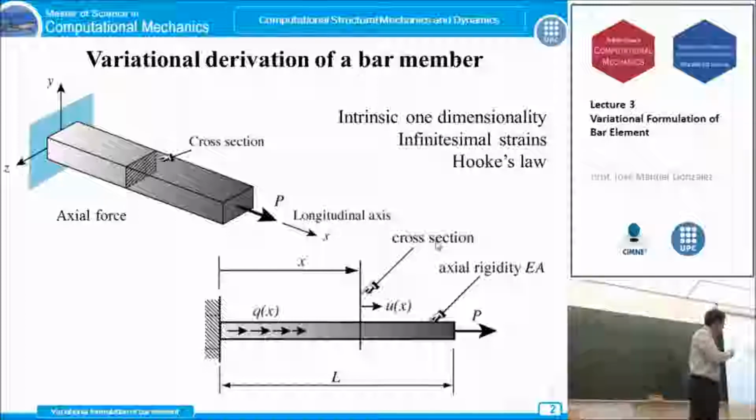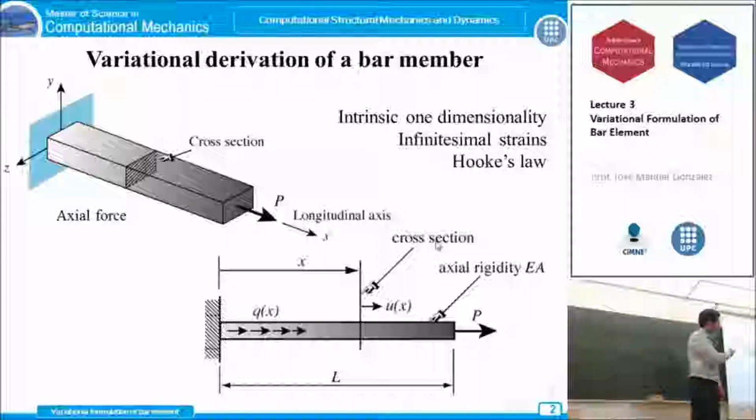This cross section is characterized by an area value, and the axial direction along this longitudinal axis we call x. We assume that this bar element has one intrinsic dimensionality. That means we are worried about only one dimension, the x dimension. So our problem is a one-dimensional problem, even if this bar element is placed in a three-dimensional problem.